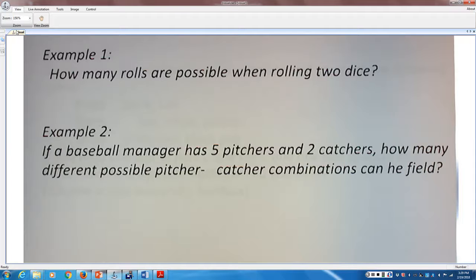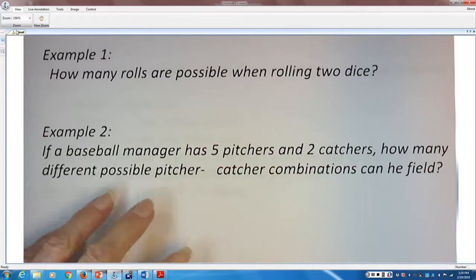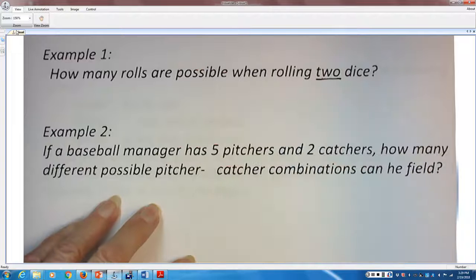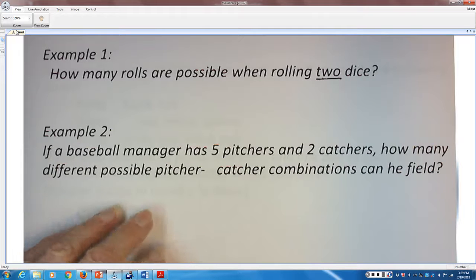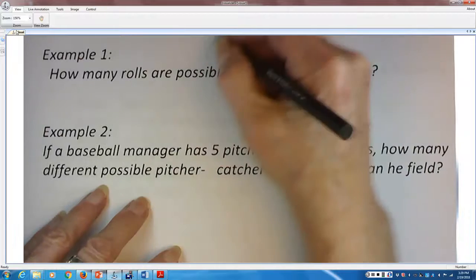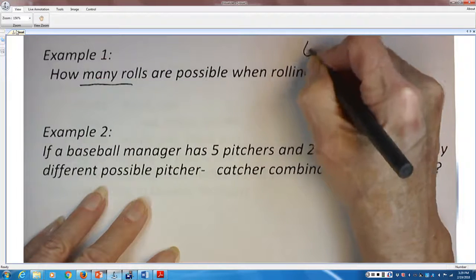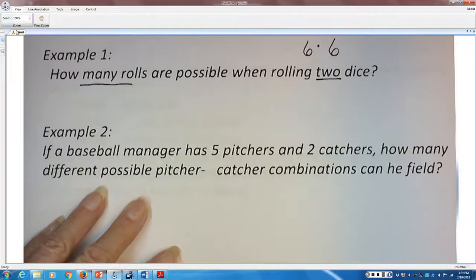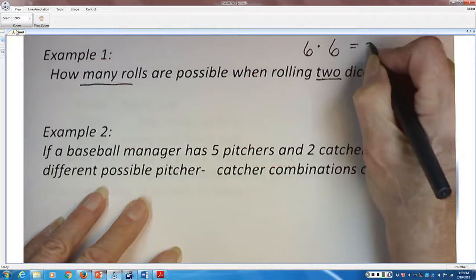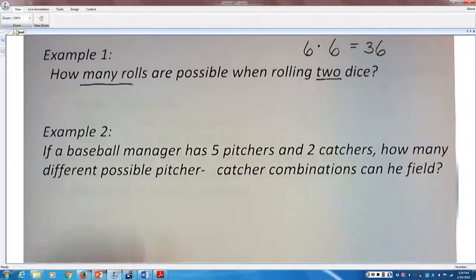Okay, how many is not a hard question to answer. You have 2 dice. Each one of those dice has 6 possible outcomes. The numbers 1, 2, 3, 4, 5, 6. So how many is simply 6 on the first die and 6 on the second die. So that will be 36 different possible outcomes.